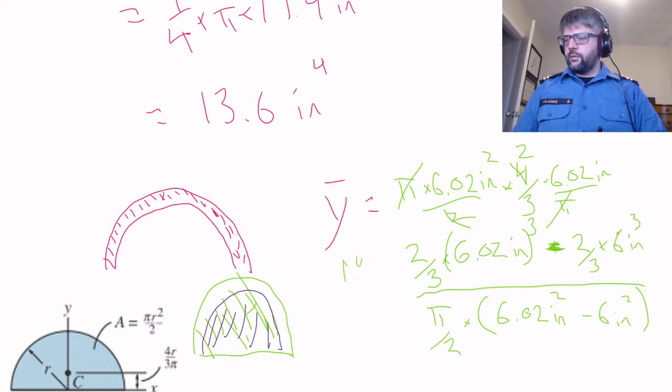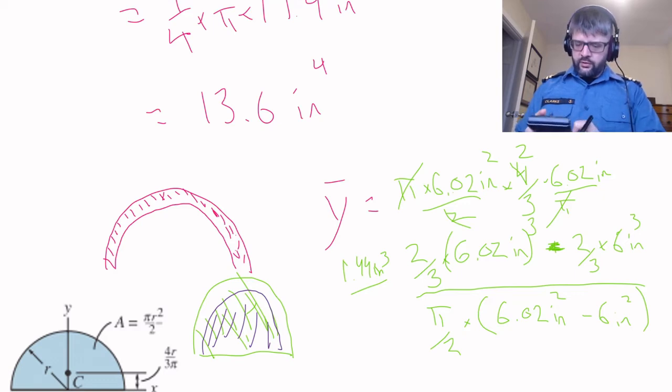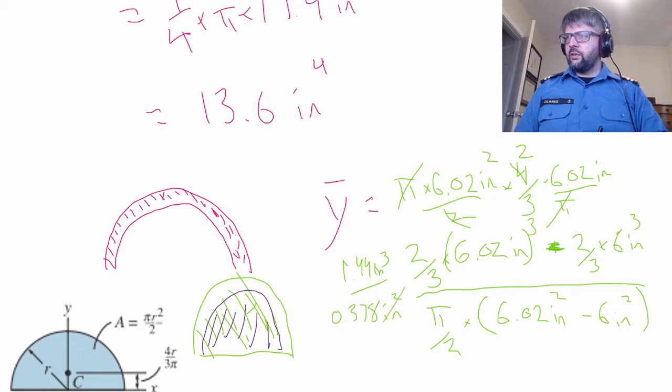That's 1.44 inches to the third up top, all divided by 6.02 squared minus 6 squared times pi divided by 2, all over 0.378 inches squared, which cancels out to give us inches.